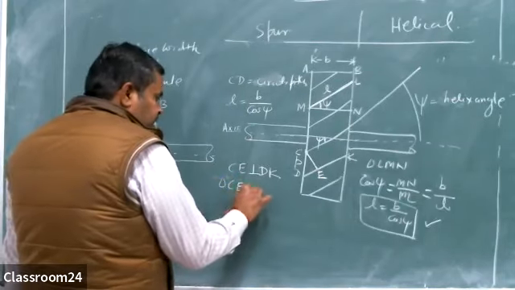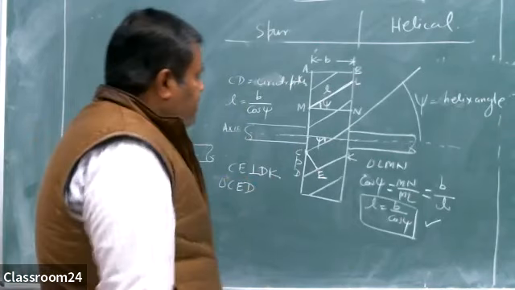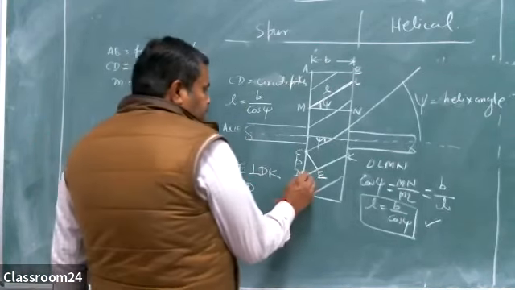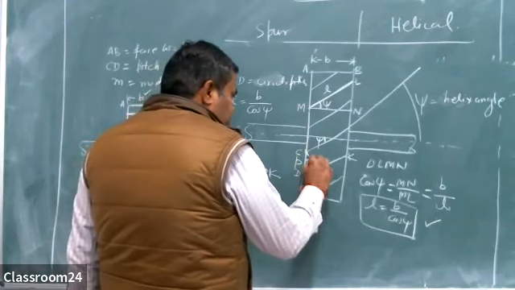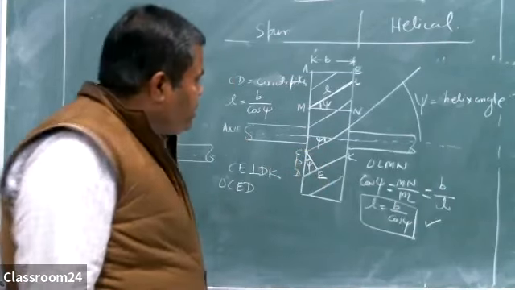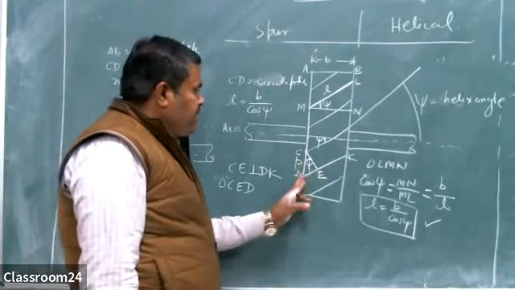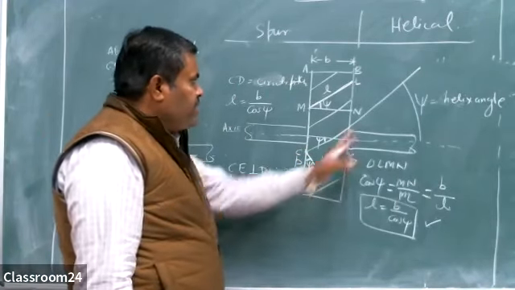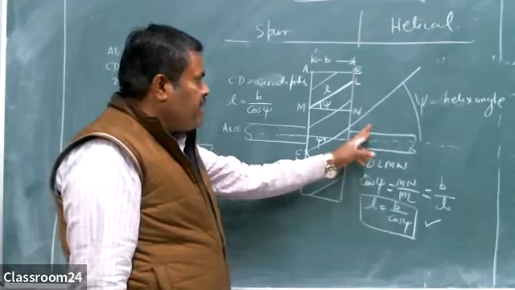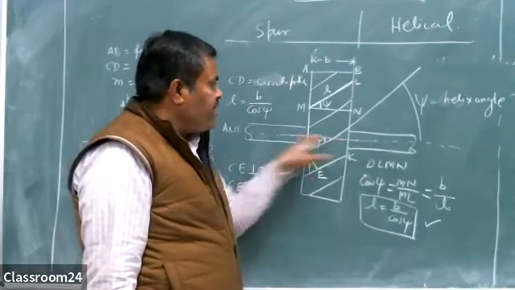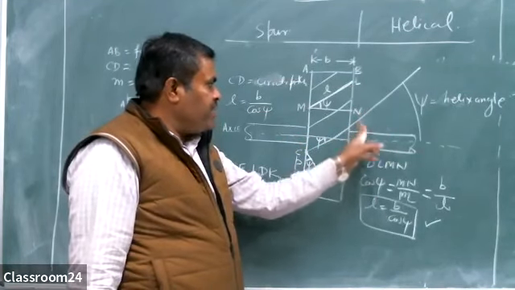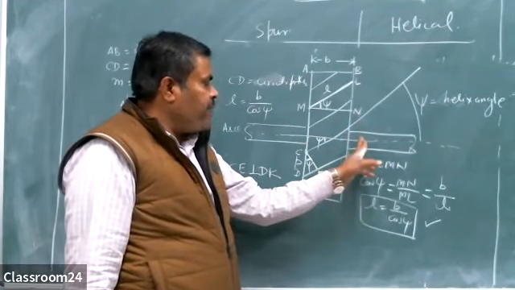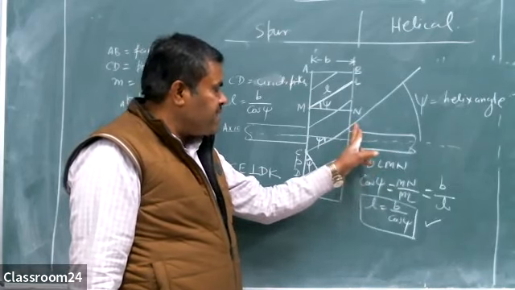In triangle CED, the angle DCE will also be psi by simple geometry. How is this angle psi? Because the angle between this horizontal line and the direction of the teeth is psi, so the angle between their perpendiculars will also be psi.